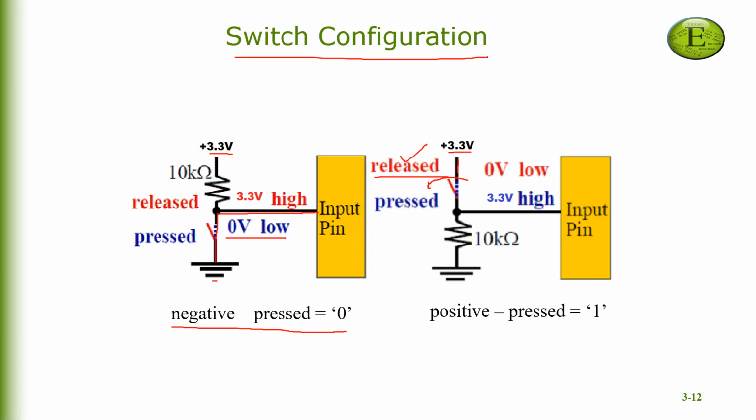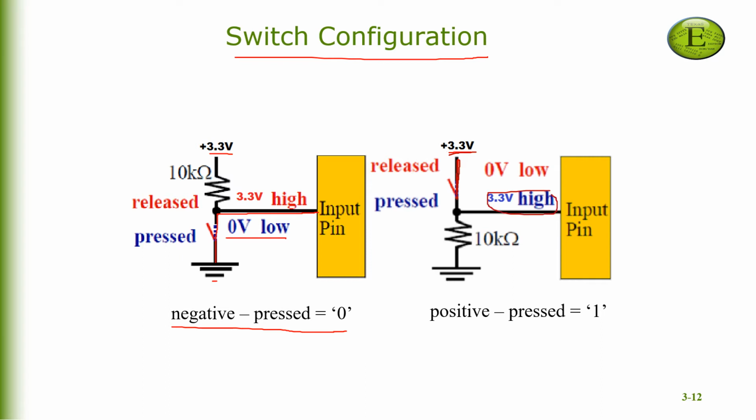There is 0 volts on the pin, and when the switch is pressed, that is when the switch is connected to the high voltage, 3.3 volts, then the pin of the microcontroller is pulled high, and it will read high voltage.